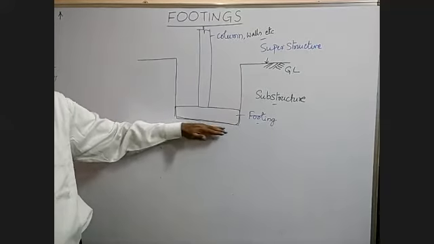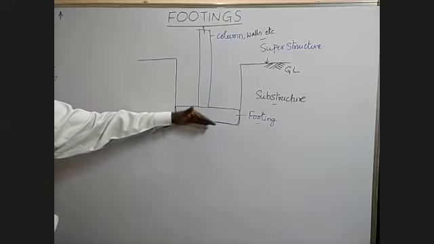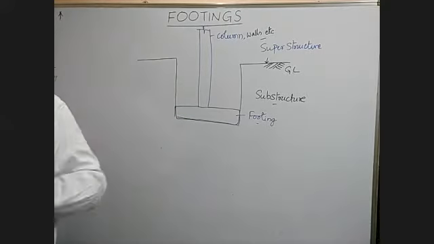Of course, we have soil here, and the load is transmitted to the soil. So the purpose of footing is to transmit the load from the superstructure to the substructure, that is, to the soil.